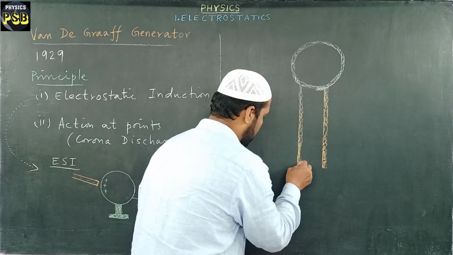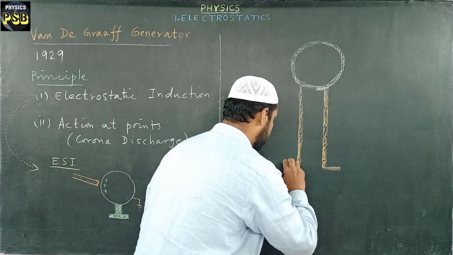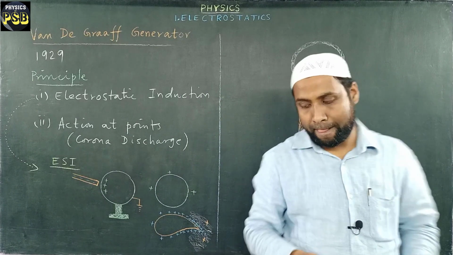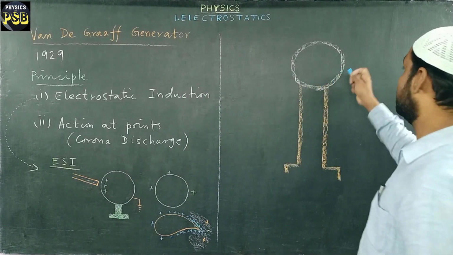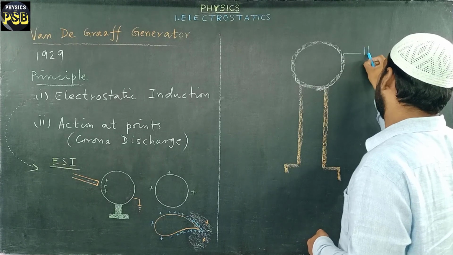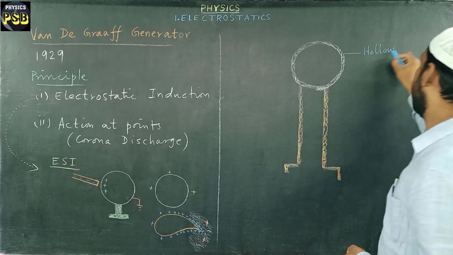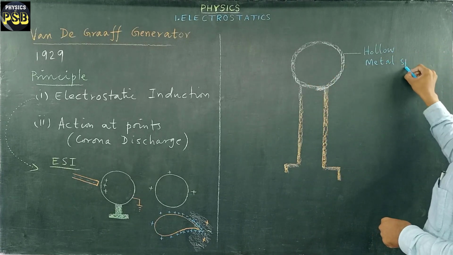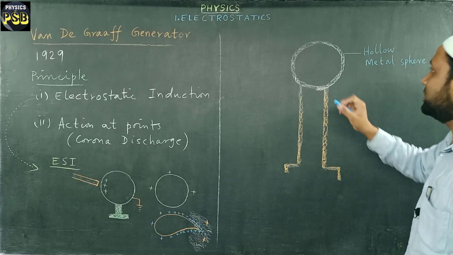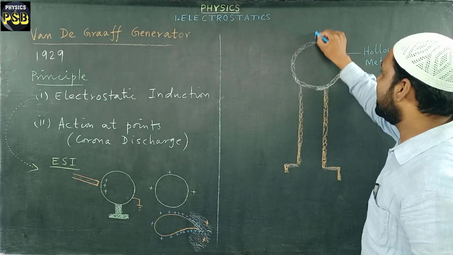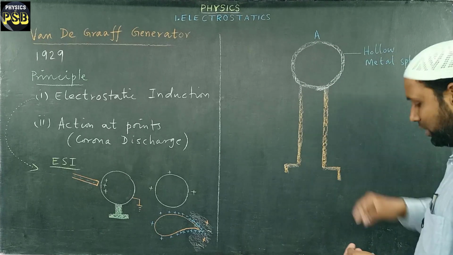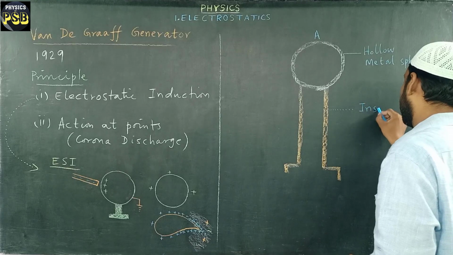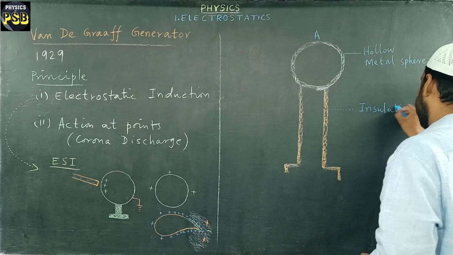It appears something like this. This is the hollow metal sphere. Hollow means which is empty from inside. It is represented by letter E. And this one is nothing but the insulating pillar.